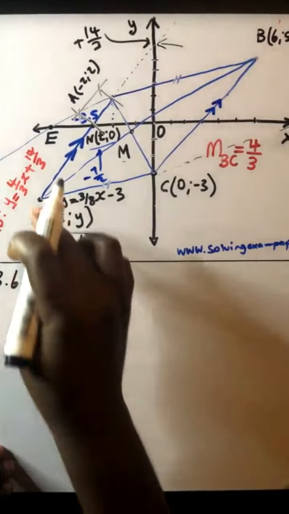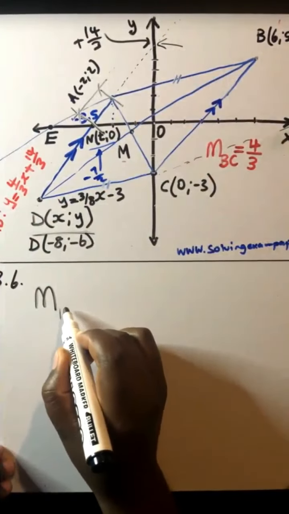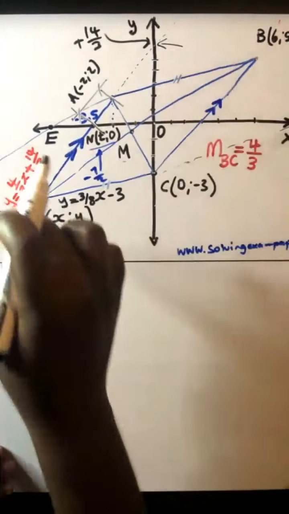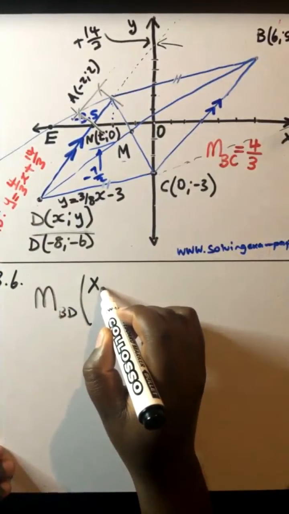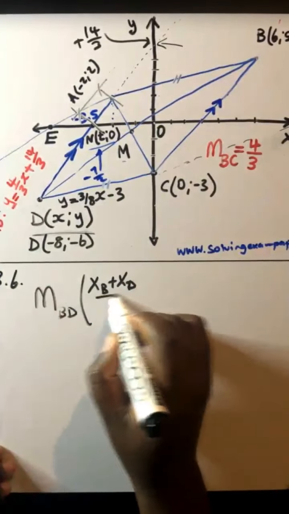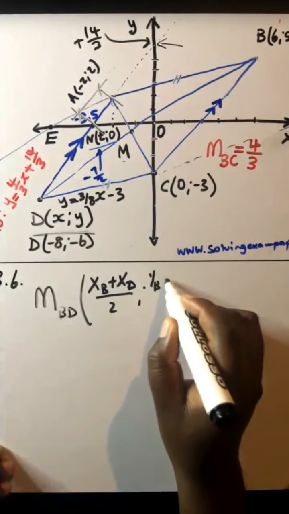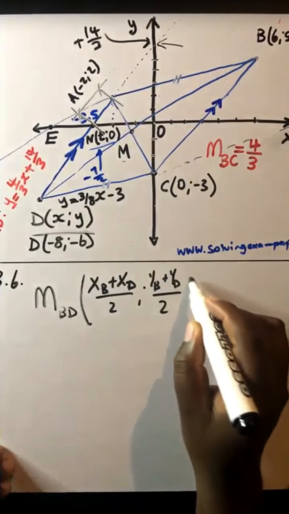Let's say the midpoint of BD. The midpoint of that line is going to be x of B plus x of D divided by 2, and again y of B plus y of D divided by 2.